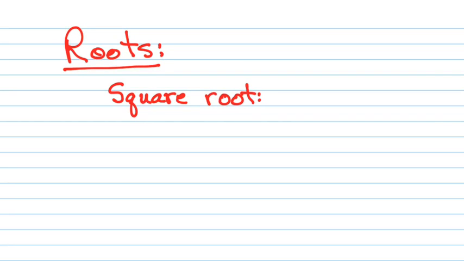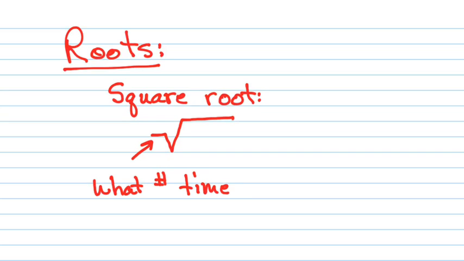Okay? So I'm going to write down the pieces and then give you the definition. Here is the symbol. It looks very much like a division symbol, except it has a little tail on it. That's the only difference between it and a division symbol. And it literally means what number times itself.